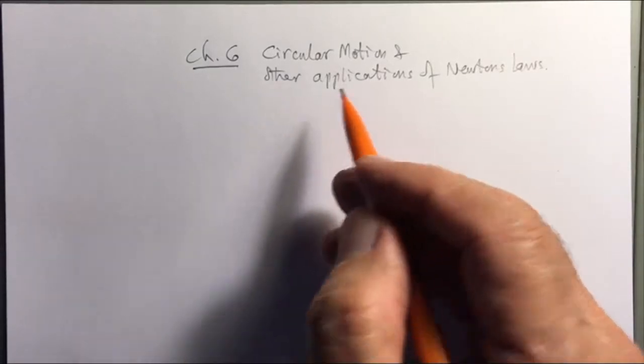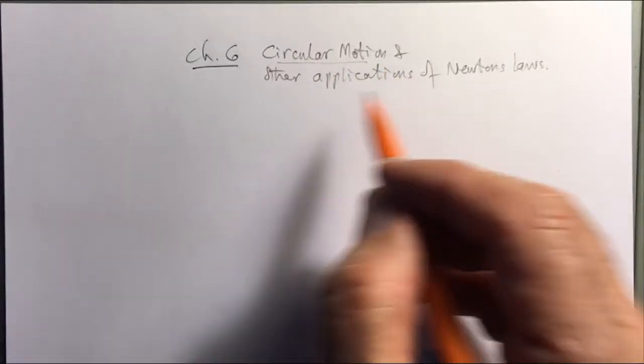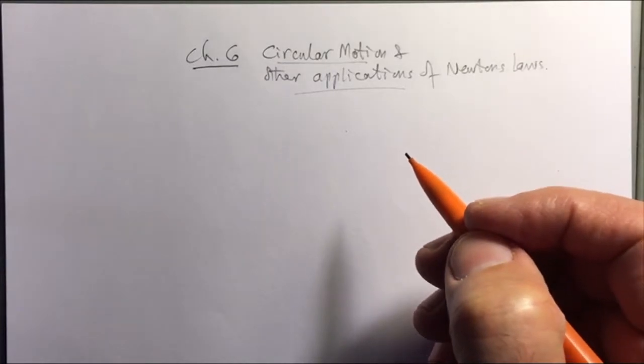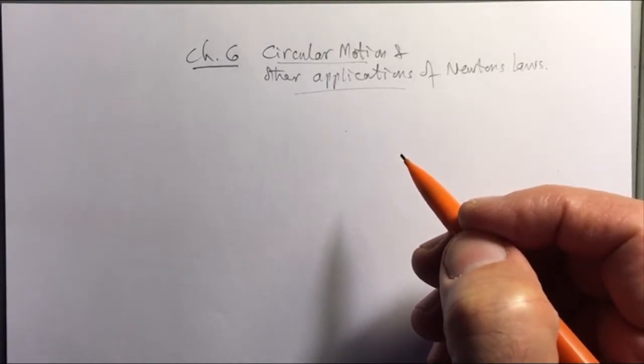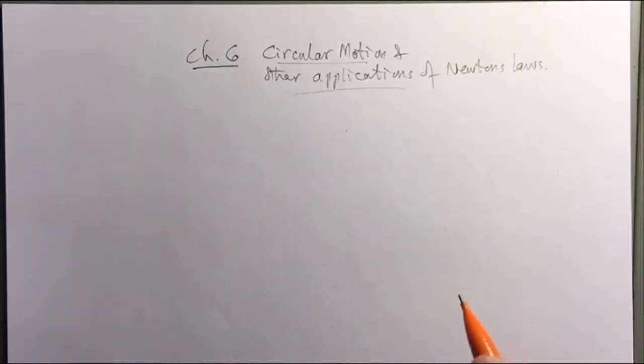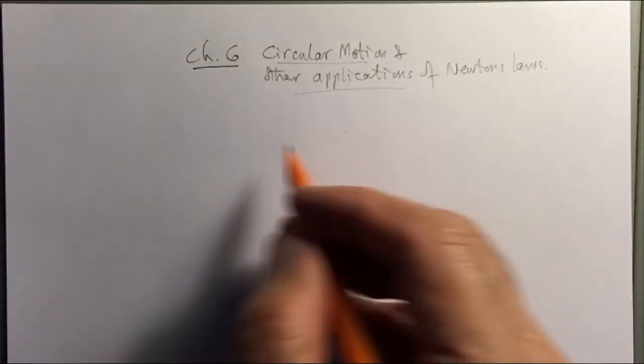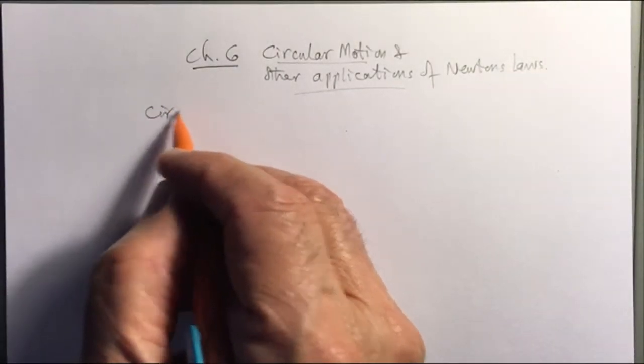We'll deal with circular motion here, and then the other applications include what we call fictitious forces and motion through a resistive medium. So the first thing we'll look at is that circular motion.